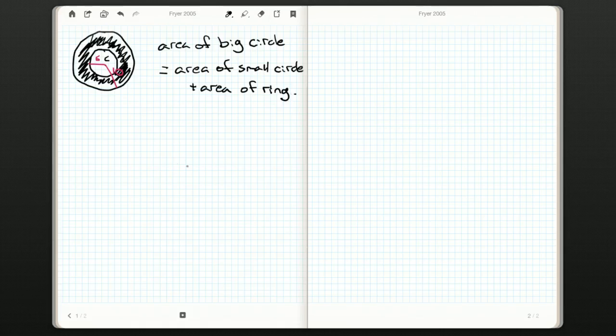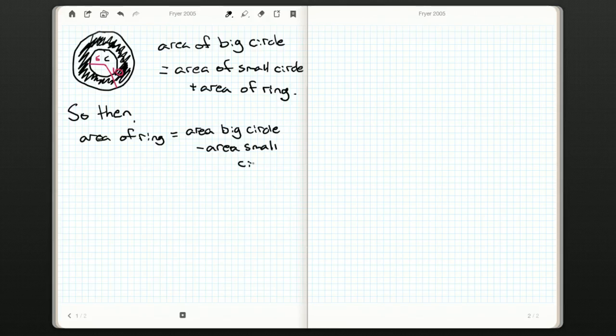So rearranging, we just rearrange this equation.